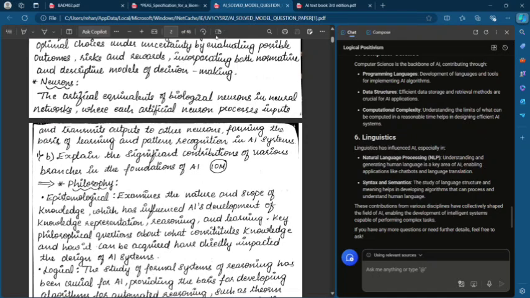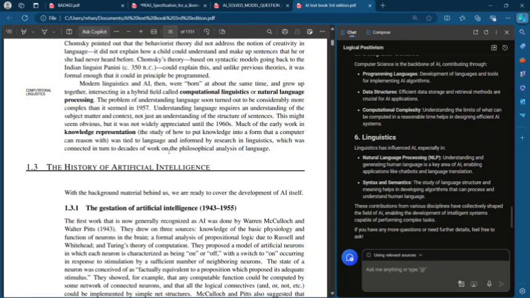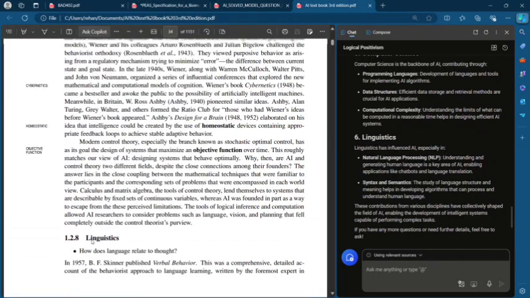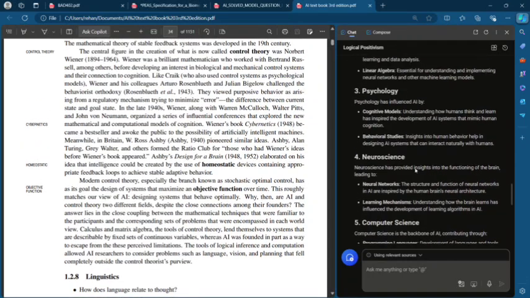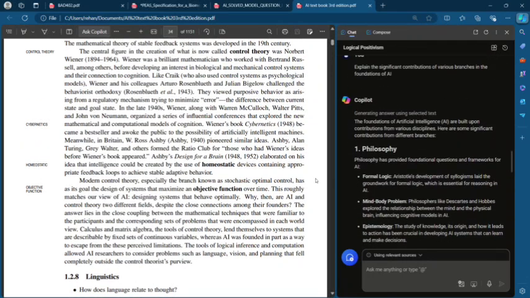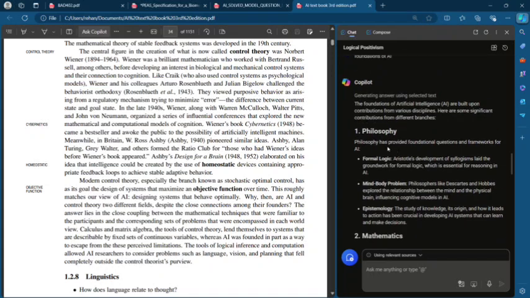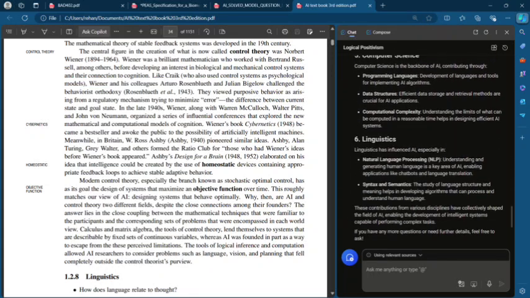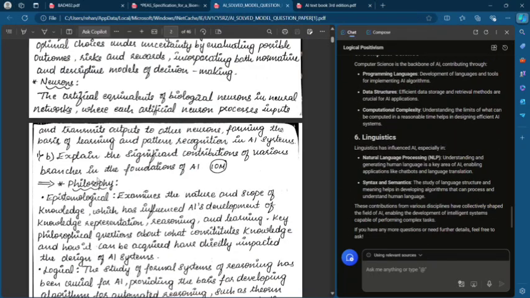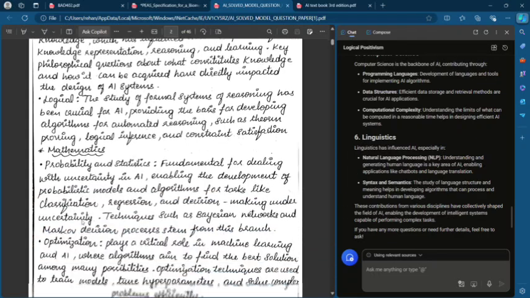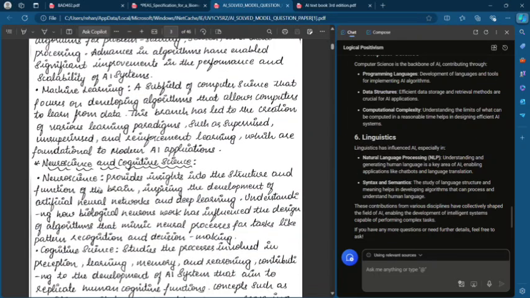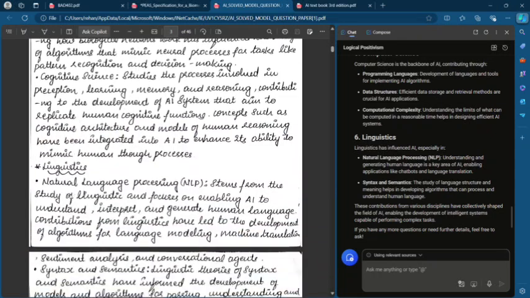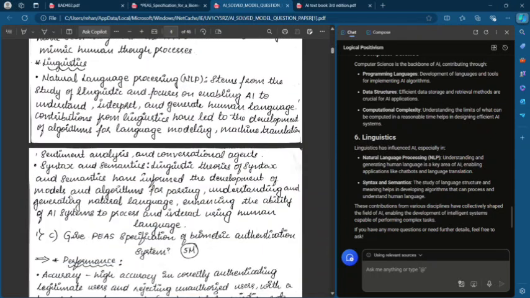In the textbook you have linguistics, a total of eight. But when you generate answers from AI by providing this textbook as a source, it generated only six. Whereas here we have philosophy, mathematics, computer science, neuroscience and cognitive science, which is four, linguistics only five. So for 10 marks he explained only five.